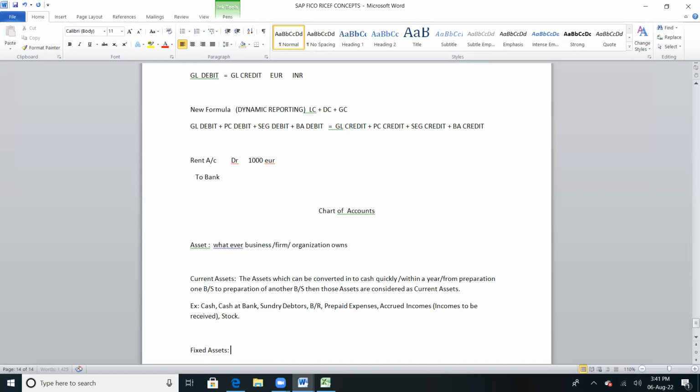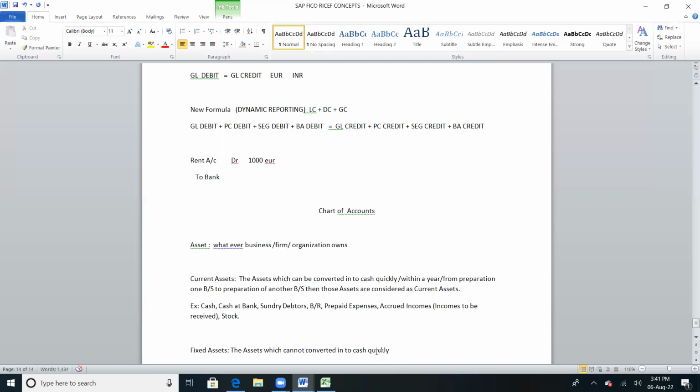Next one, fixed assets are simply the other way around. The assets which cannot be converted into cash quickly.